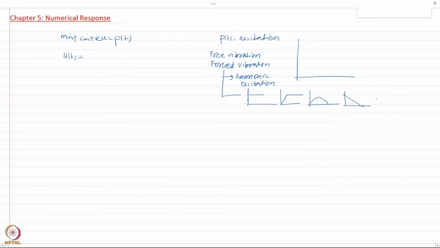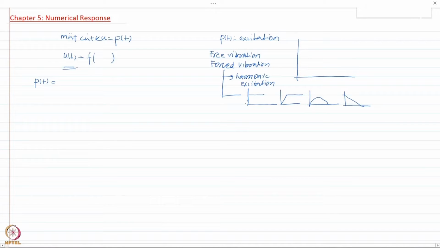Now for all these cases, we were able to get u analytically as a closed form solution of some function. But it might happen that we encounter cases in which p(t) cannot be represented as some function, or even if it can be represented as a closed form function, it is not easy to derive the solution for u(t) analytically.